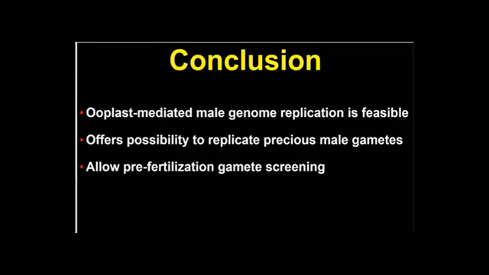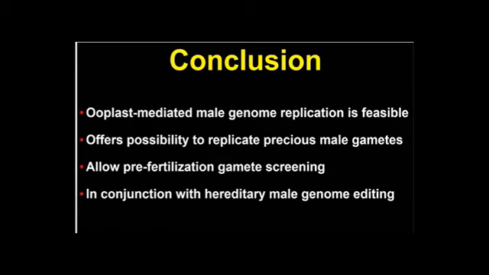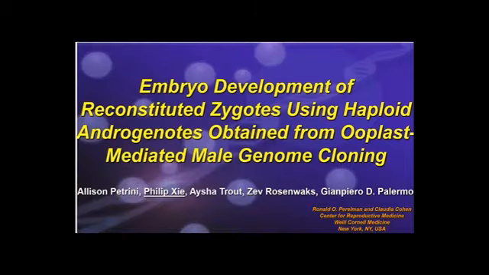Moving on, this technique may also allow pre-fertilization gamete screening on a single spermatozoon. For example, one androgenote can be used for reproductive purposes, while the sibling spared one can be used for genetic screening. It can help couples presenting with gamete heterozygosity. Indeed, this technique can be utilized in conjunction with experimental heritable genome editing. This will be possible by cytoplasmic-mediated sperm genome decondensation and eventual replication.